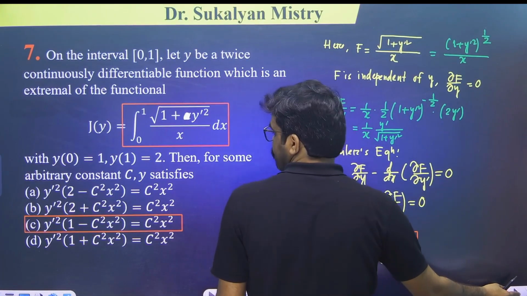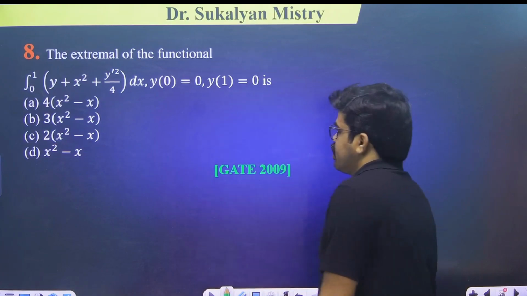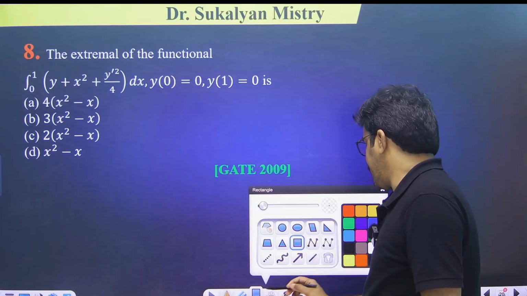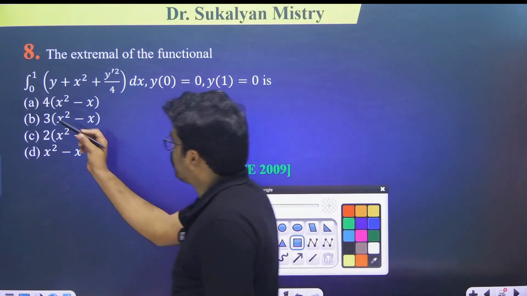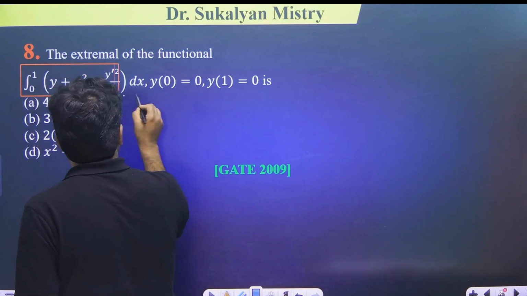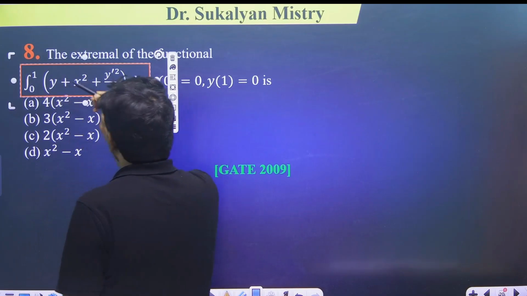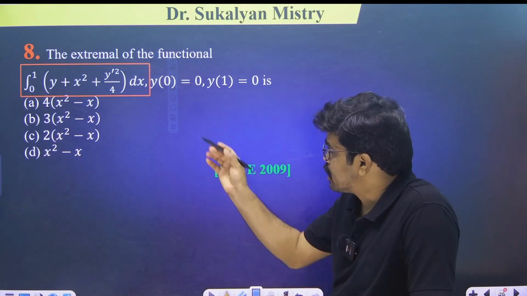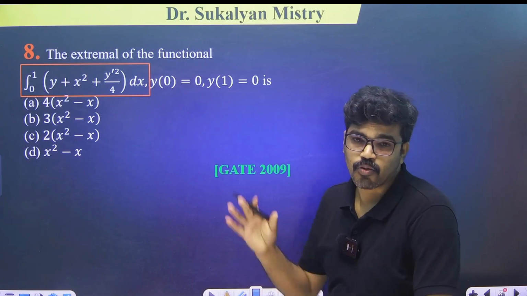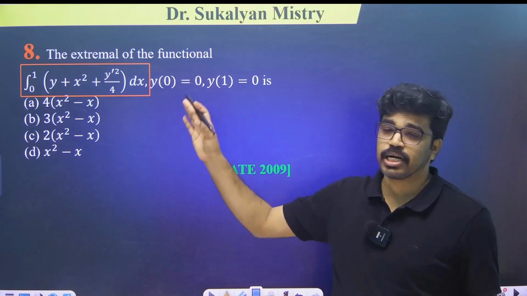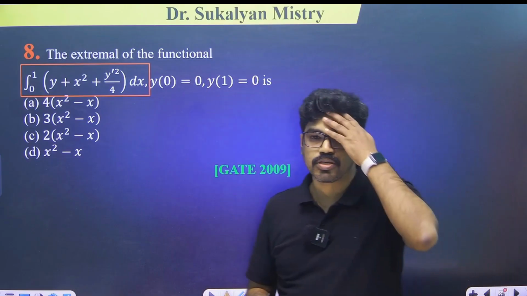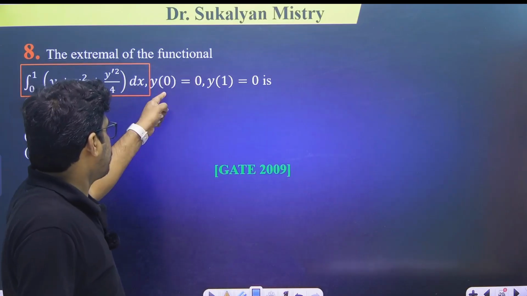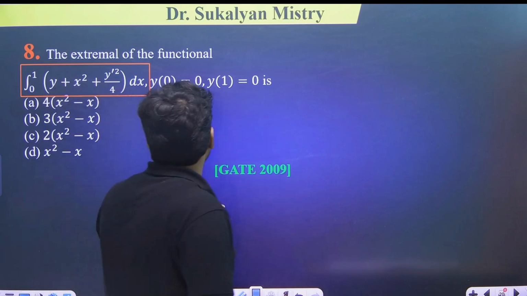Okay, consider the next example. Just see this problem. The extremal of the functional integral from 0 to 1 of (y + (x^2 + y'^2)/4) dx with the boundary conditions y(0) = 0 and y(1) = 0.